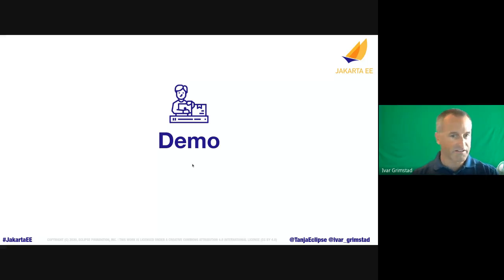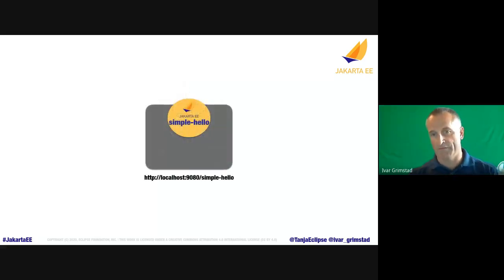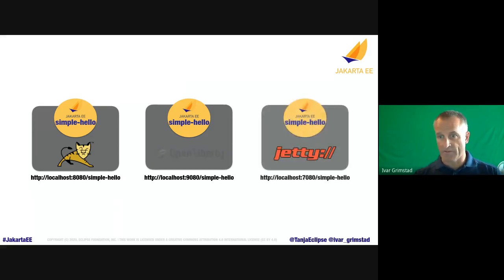But you can also implement some of these specs, and I'll show a couple of them now. What I'll do first is create a super simple hello servlet and deploy it to OpenLiberty. The next thing I'm going to do is take the same application and deploy it to Apache Tomcat, and then deploy it to Eclipse Jetty.